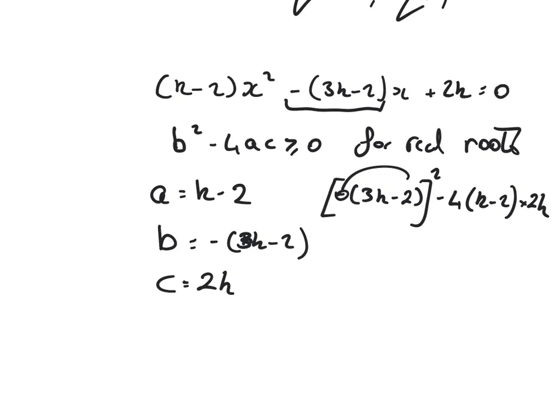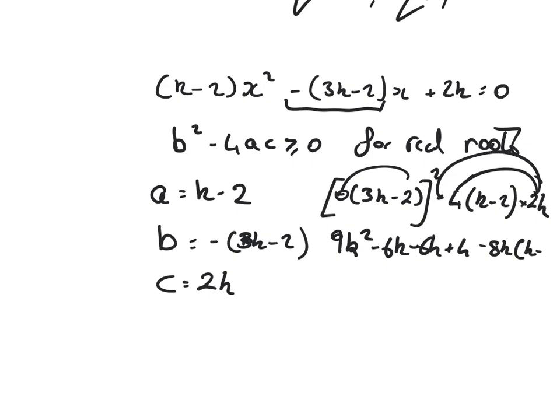So square the negative, I've got positive, and that'll give me 9k squared minus 6k minus 6k plus 4. I'm going to put that across there, so minus 4 times 2k is minus 8k, bracket k minus 2.